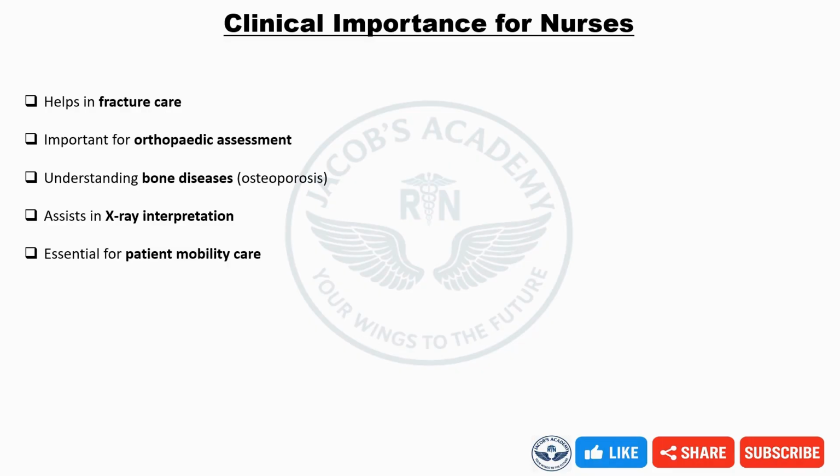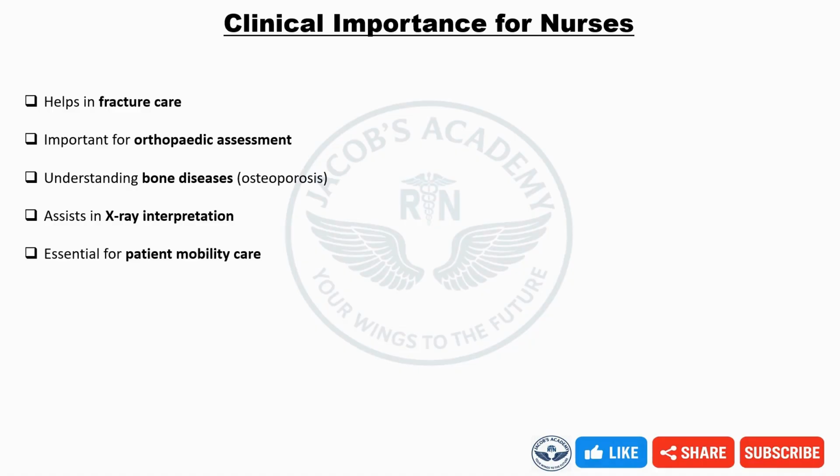So coming to the last point, it is essential for patient mobility care. This knowledge of the skeletal and muscular system will help the nurse to plan safe positioning, turning, and ambulation, reducing the risk of falls and further injury.